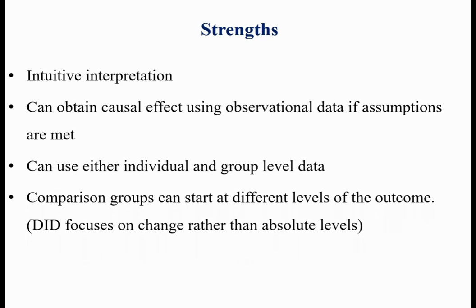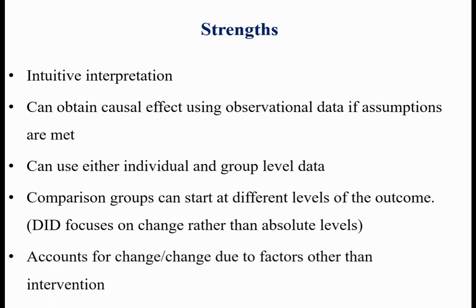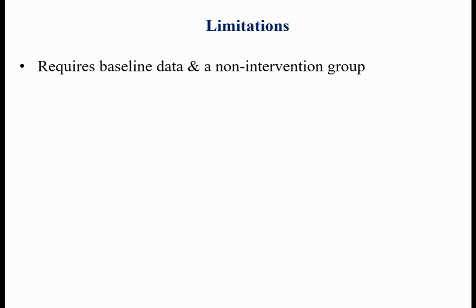In DID, our interest is in the change that occurs. We are concentrating on the change after the intervention and the change before the intervention, so that we can draw a conclusion. So we are not interested in absolute levels, but rather the change that occurred between the groups of concern. And then DID also accounts for change due to factors other than the intervention.